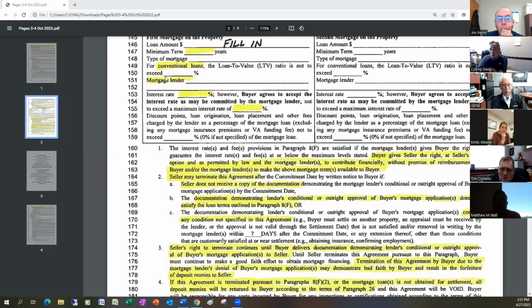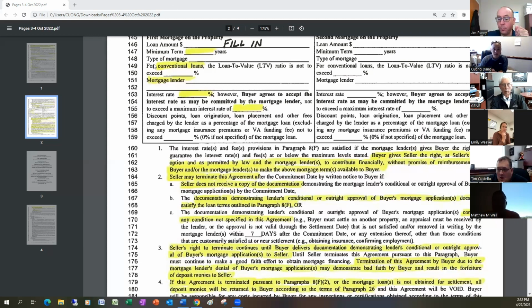So I was saying, if you wrote in here that the type of mortgage you're getting is conventional, and then you get this commitment letter and it says, congratulations, buyers approved for FHA, you have the right to get out of the deal.